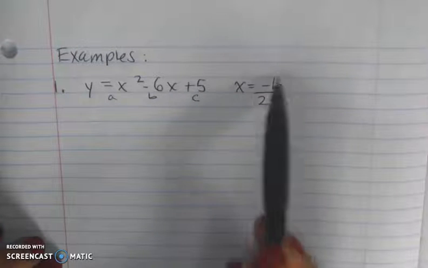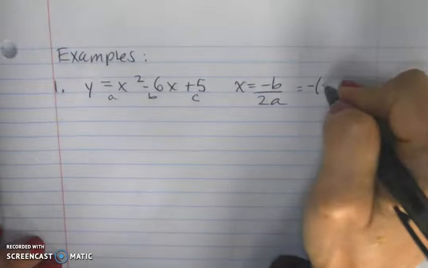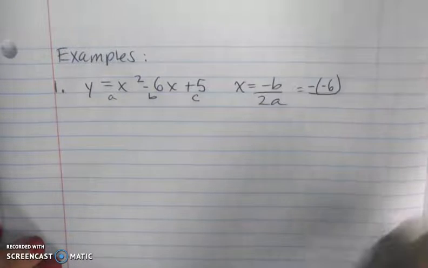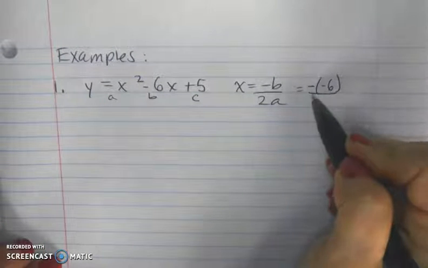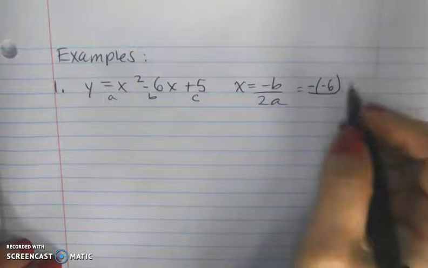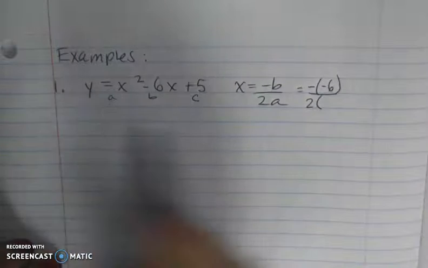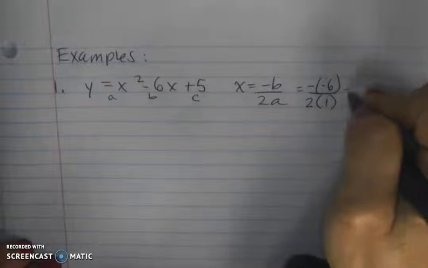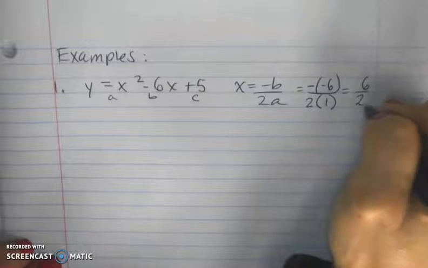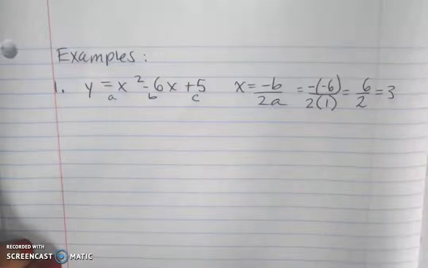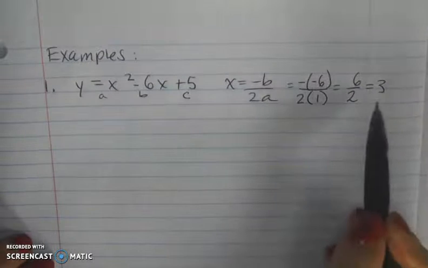Just be careful because the formula already has a negative, so make sure when you're plugging in, you use both negatives. So negative b would be negative 6 all over 2 times a, and a is that invisible 1. So this gives us 6, positive 6, over 2, which is equal to 3. So now we know that the x-coordinate of the vertex is 3.